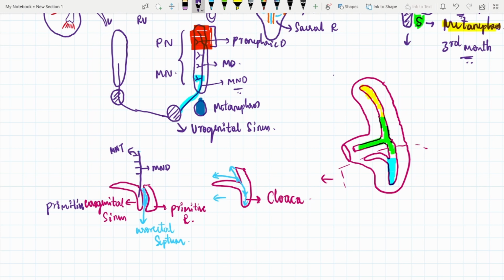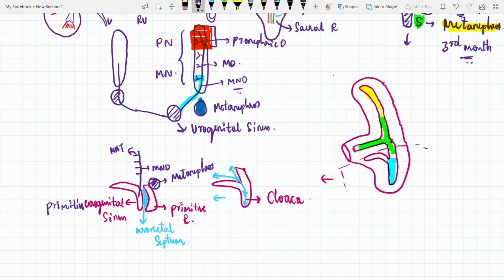Now, so this is the persistent part, that is metanephros, right? This is going to develop into adult kidney. Okay.